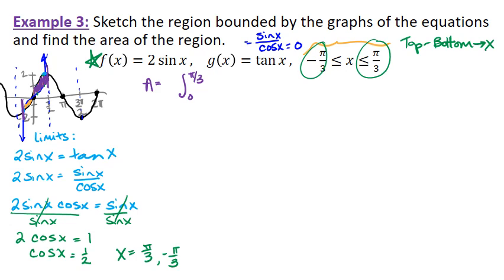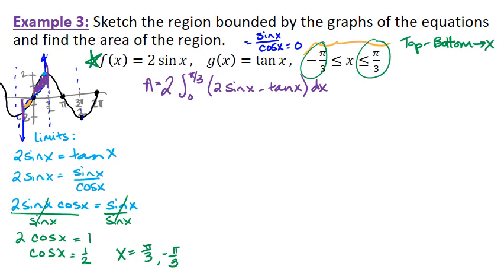So if I do top minus bottom, that's 2 sine of x minus tangent of x. Now, this second region down here is the same as the region we are finding here. So I'm going to multiply this integral by 2 so that I can successfully find the area of both regions.